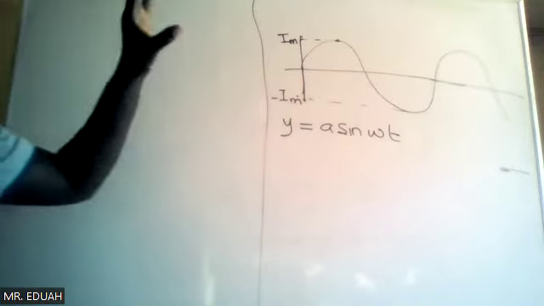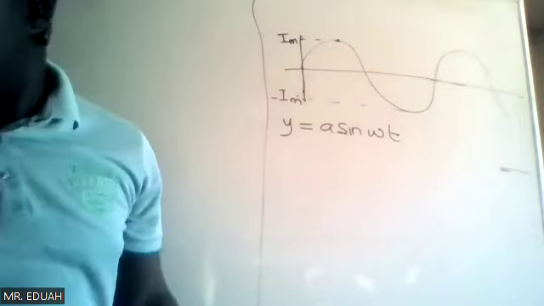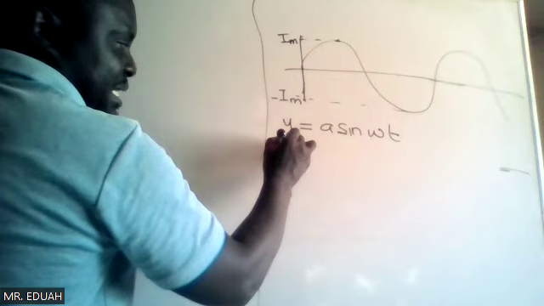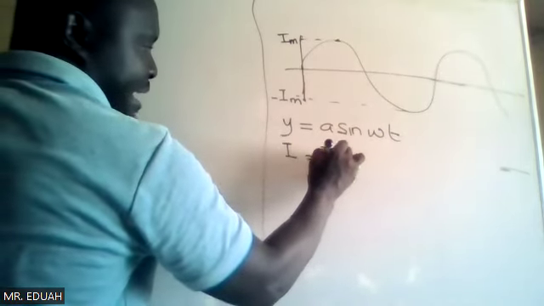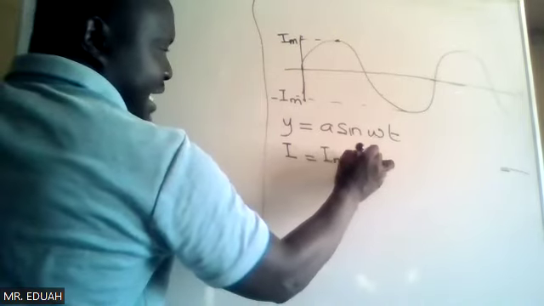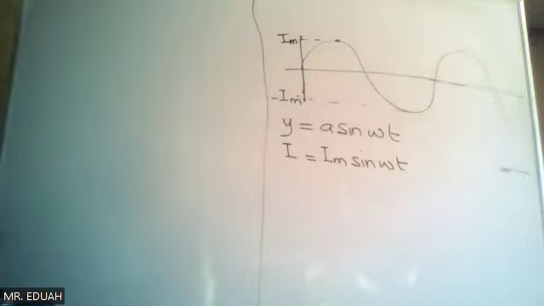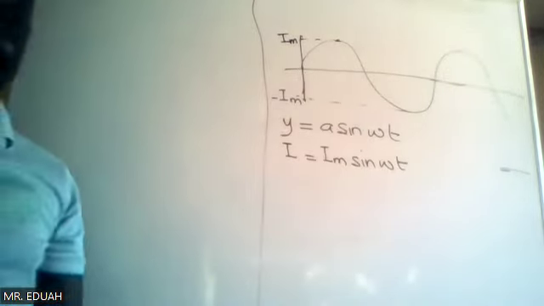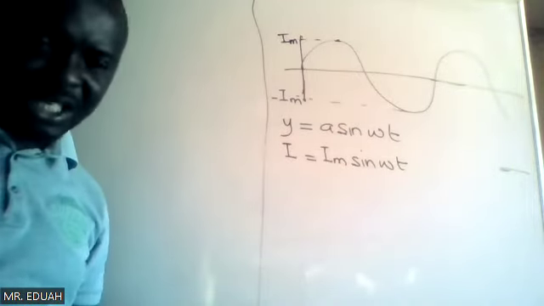Because alternating current is also a harmonic function, it is represented as I = Im sin ωt. Almost the same as the displacement equation, and they are similar because they are all harmonic functions.